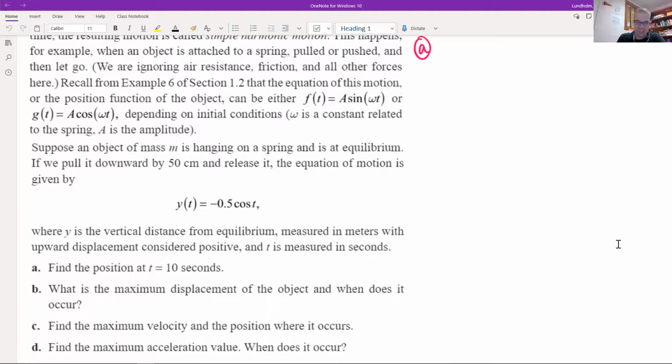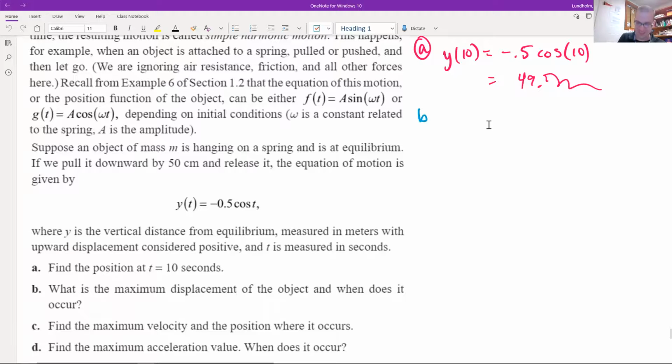It's y of t. So all we're finding is y of 10, which would be negative 0.5 cosine of 10, which I think works out to be something like 49. I don't know. It's in the book. Take the cosine of 10 and you're going to be great.